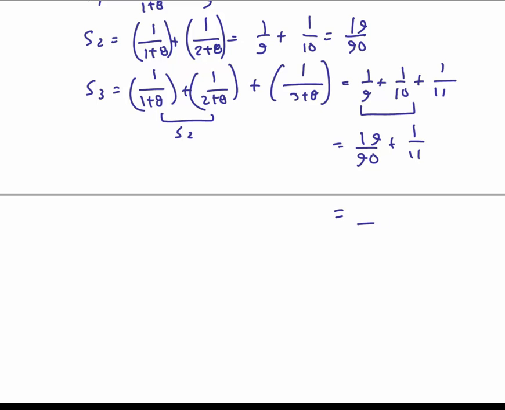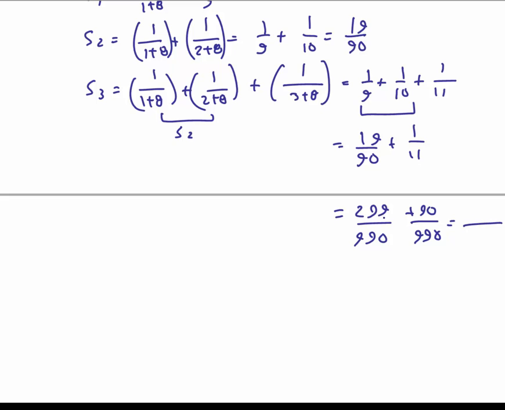So 19 times 11, I'm going to find my common denominator by multiplying top and bottom by 11 here. 19 times 11 would end in a 9, so 299 plus 90 all over 90 times 11, which would be 990.